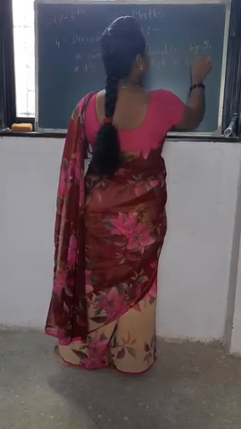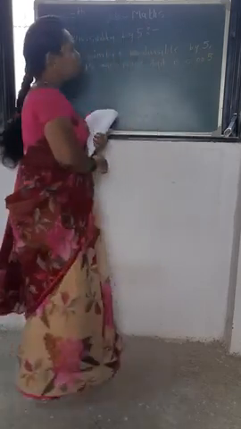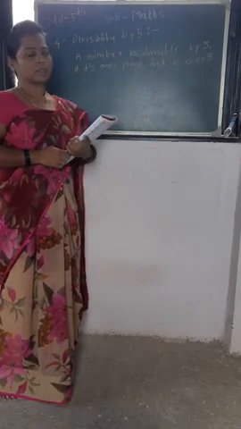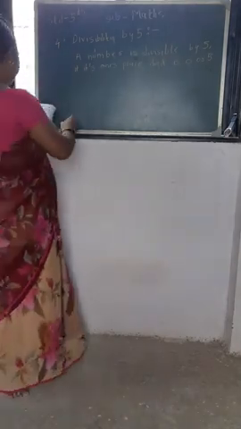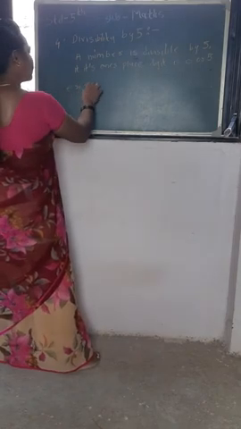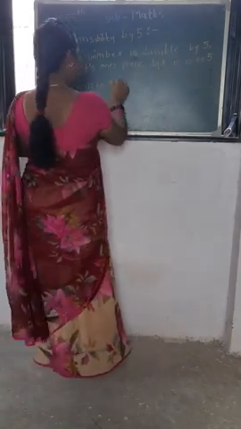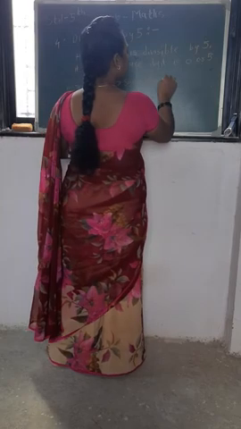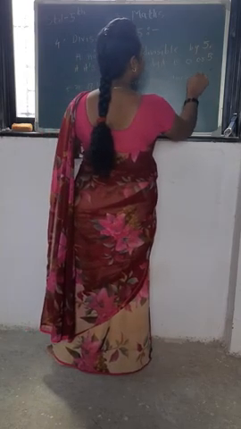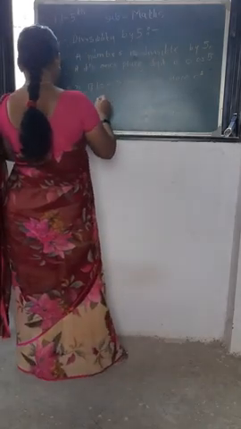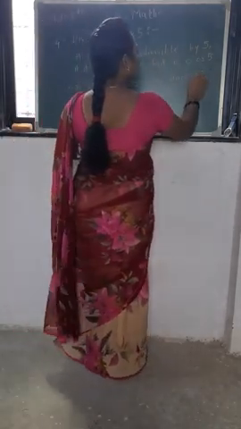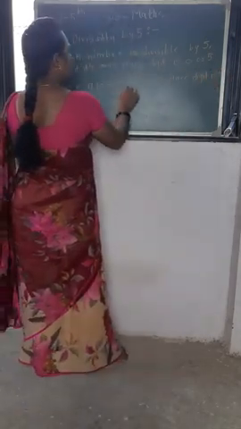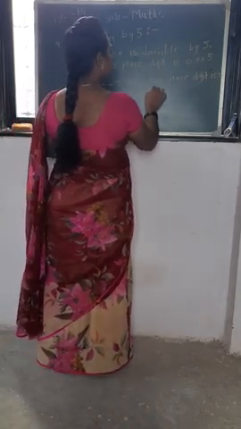For example, the first example is 10. Since the ones place digit of the given number is 0, 10 is divisible by 5.